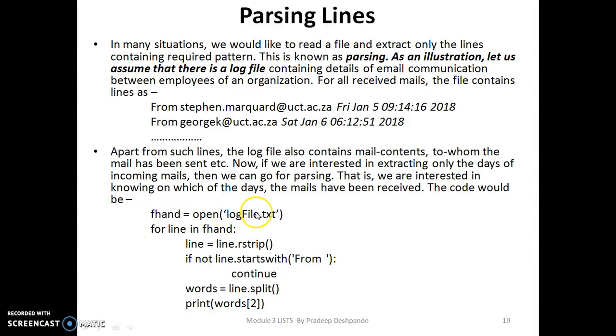Since it is in a file, we are opening a file, log file.txt. All these particular data is available in log file.txt. For line in fn, for each line we are reading from fn, line equals to line.rstrip.